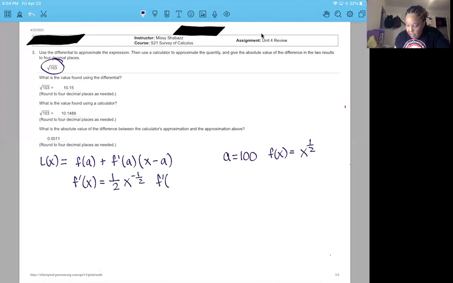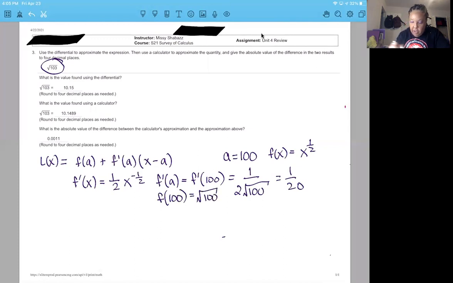F prime of a, or in our case, f prime of 100, is 1/2 square root of 100, which is 1/20. F of 100 is the square root of 100, which is 10.